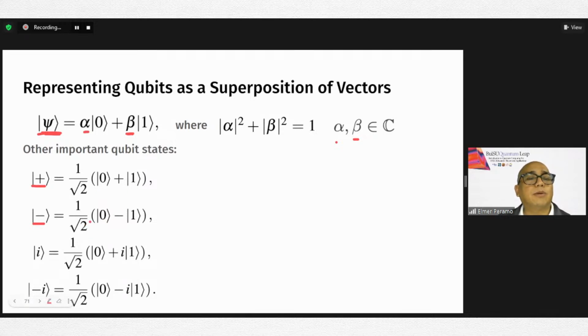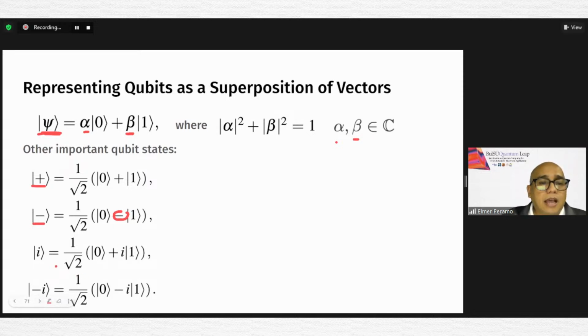This one is an equal superposition of being ket 0 and the negative of ket 1. See the difference here? This will play out a lot, especially when we talk about the phase.